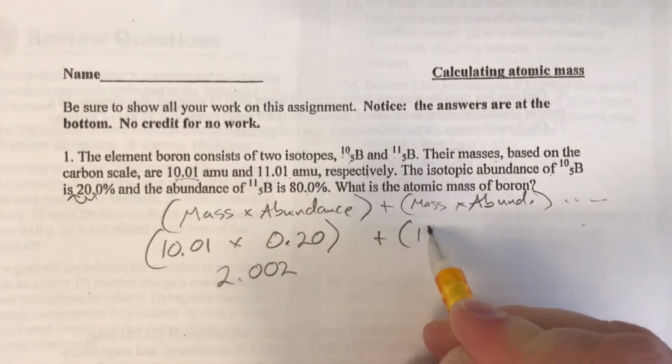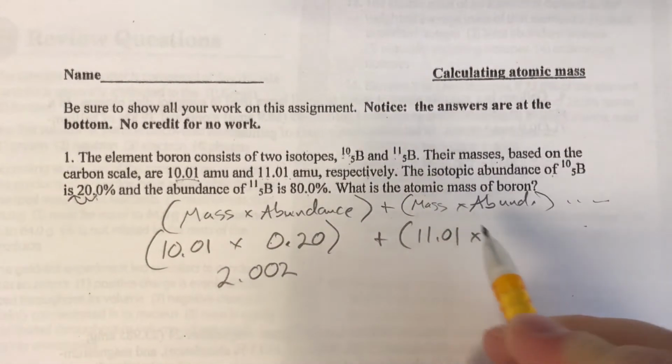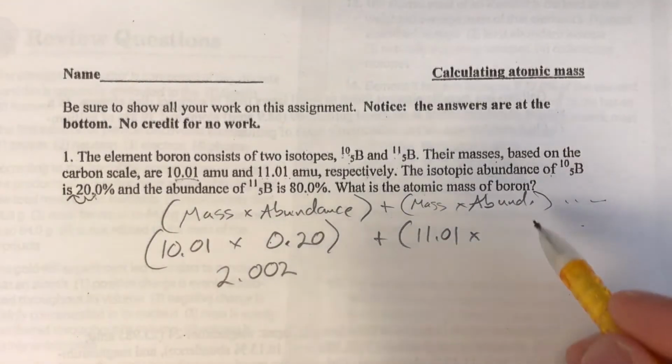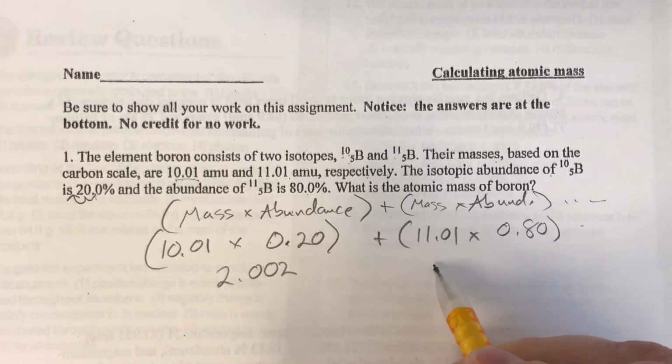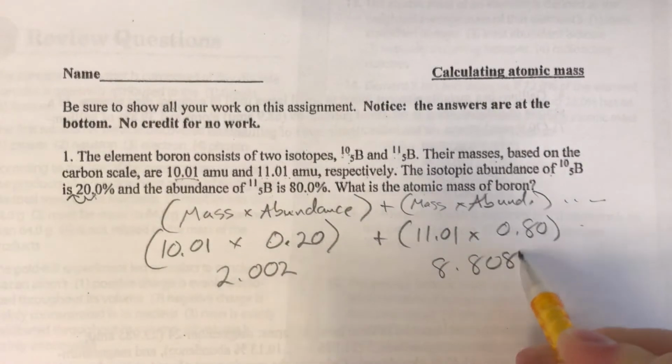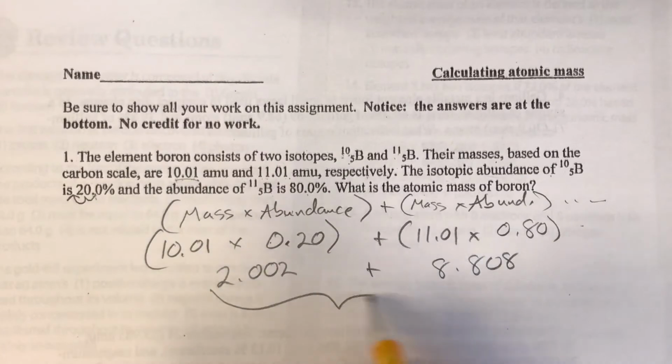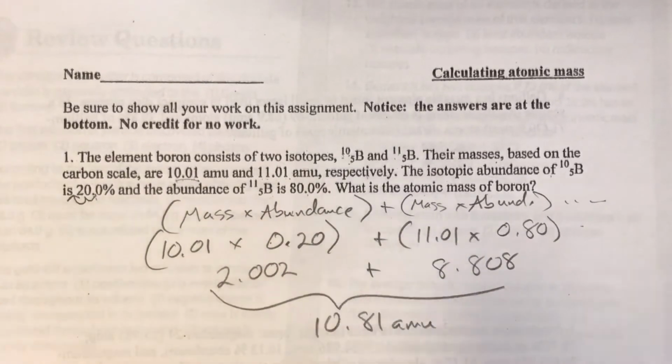The other value, we have 11.01 times 80%, or 0.80, which when we do the multiplication, gives 8.808. When I add those two up, I get 10.81, and our unit in this case would be AMU.